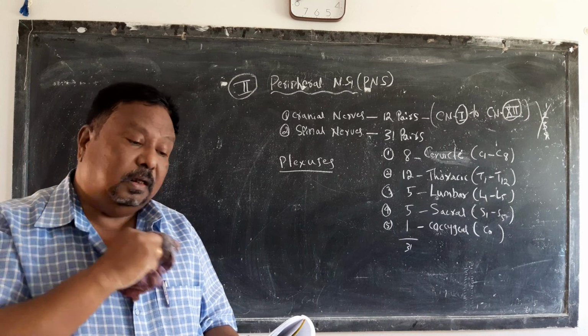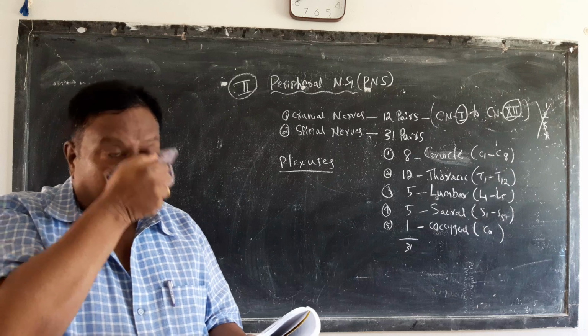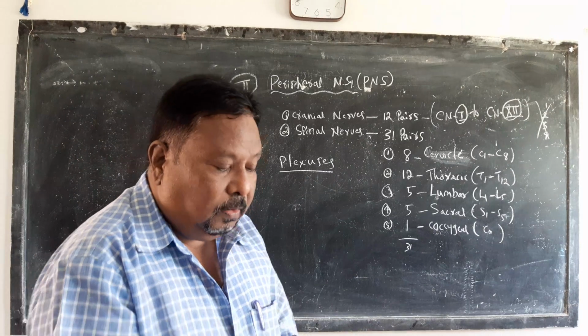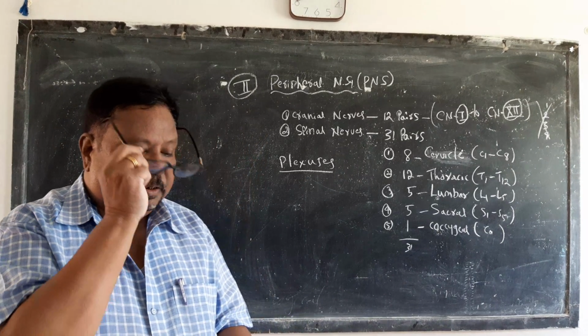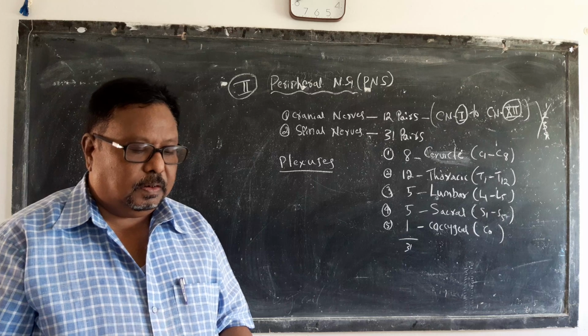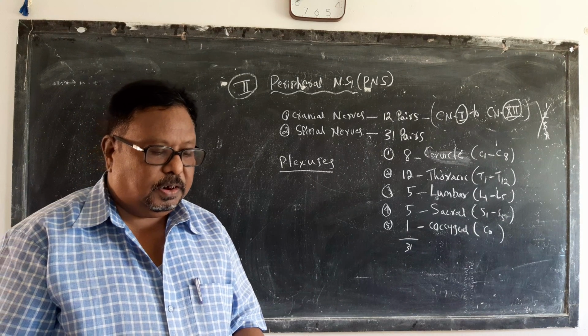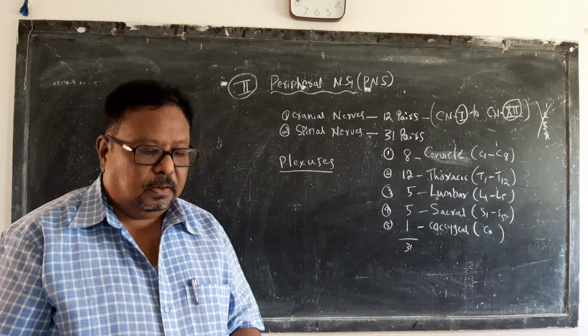There are 5 long plexuses of mixed nerves formed on each side of the vertebral column.